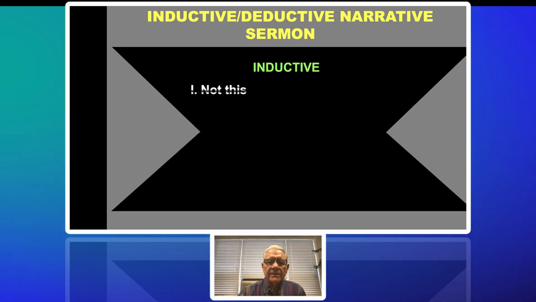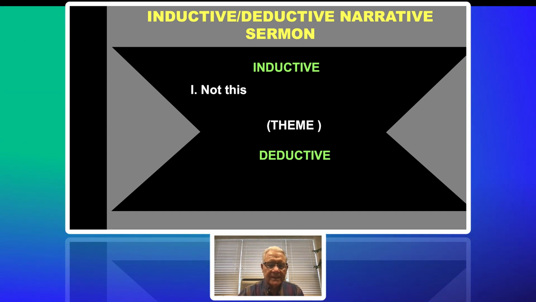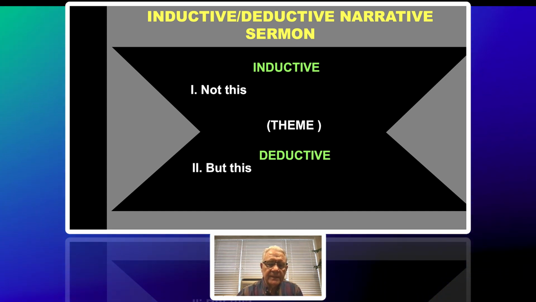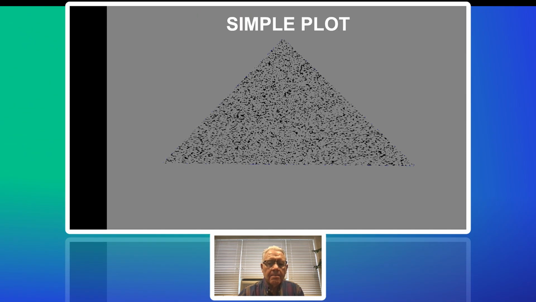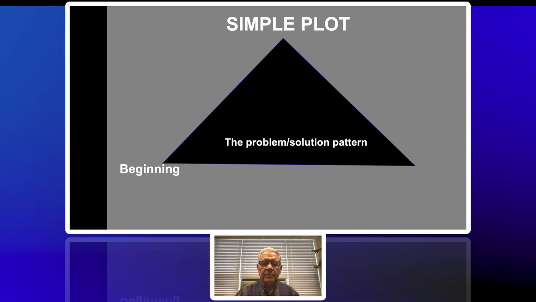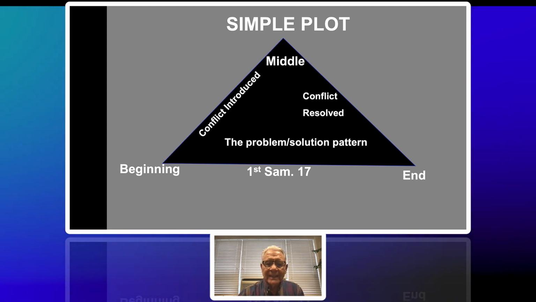Then you have this inductive deductive, where again, you lead up to the theme, MPS, and then you deductively develop it. Okay? It's based on the simple plot, as we have talked about, which has a beginning with the conflict, a middle with the resolution, and then it comes to an end.